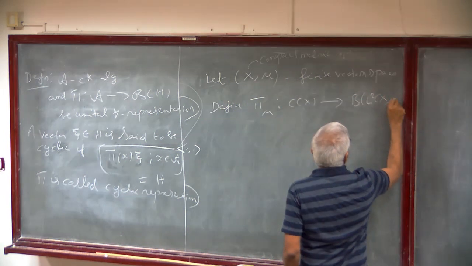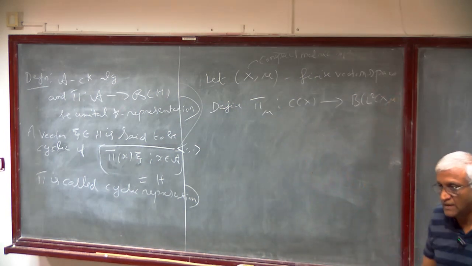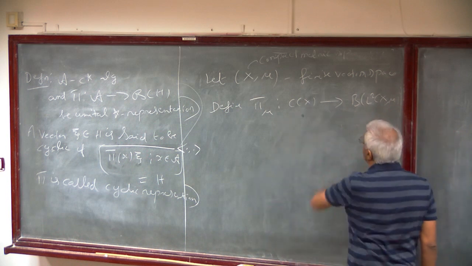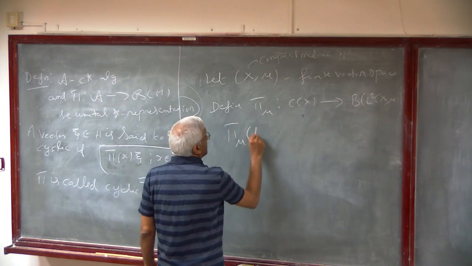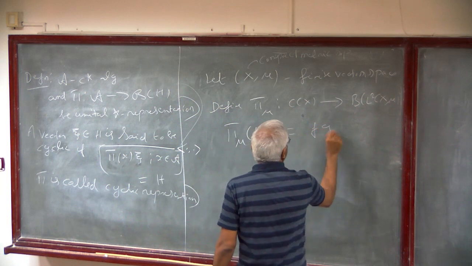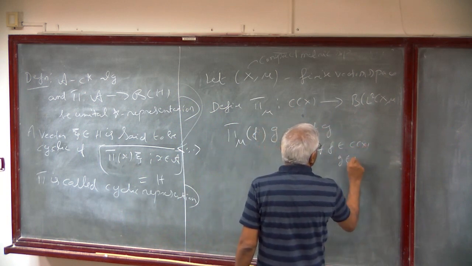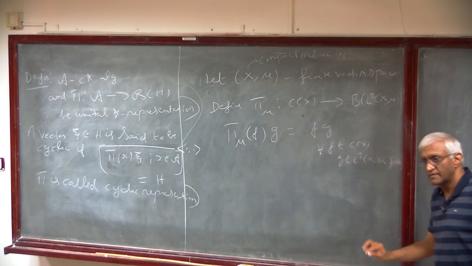Of course, the only Hilbert space we can construct out of a measure space is L². So for each μ, π_μ is a representation of C(X) on this, defined by the following: π_μ(f) is just the multiplication operator, π_μ(f)g = fg for all f in C(X), g in H. We define it.